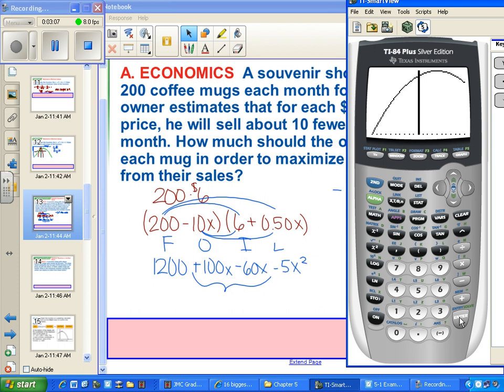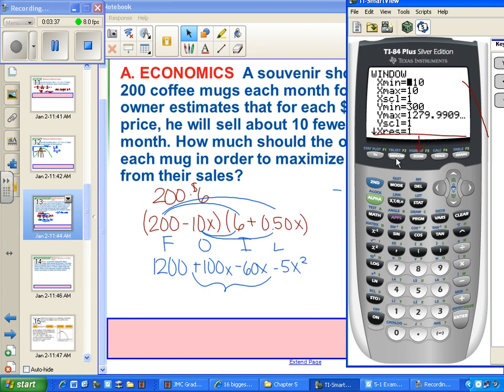Okay, we can definitely see more of our graph right now, but it does not look like a good graph yet. It's a starting point. So if we look at this, we would like to see this graph continue down a little bit more. And it doesn't look like this is our x-axis down here. So we need to drop this down a little bit further. All right, so let's go to our window.